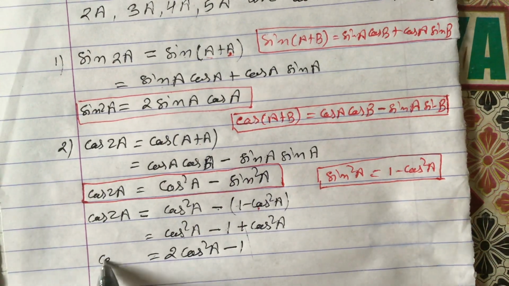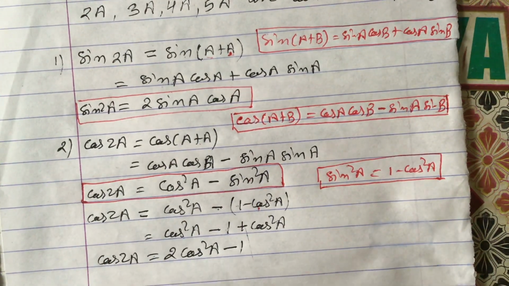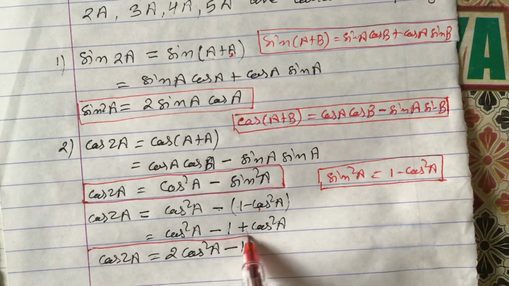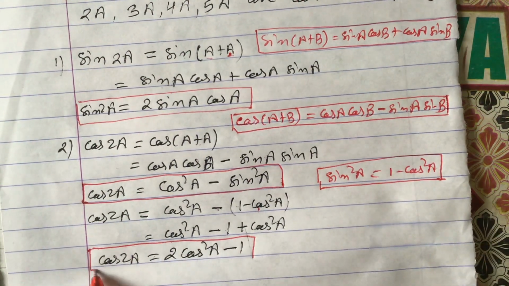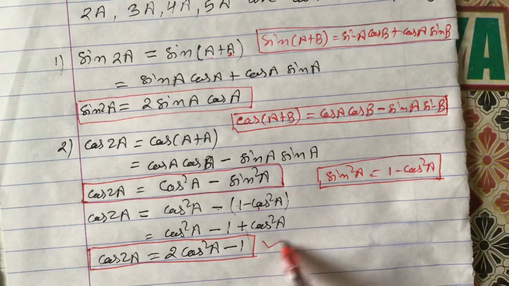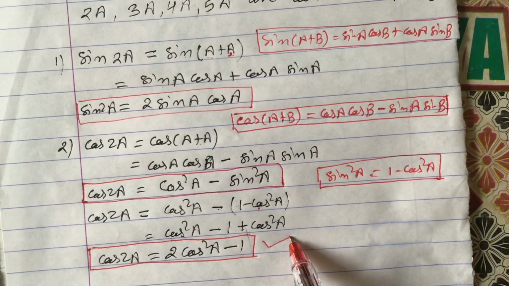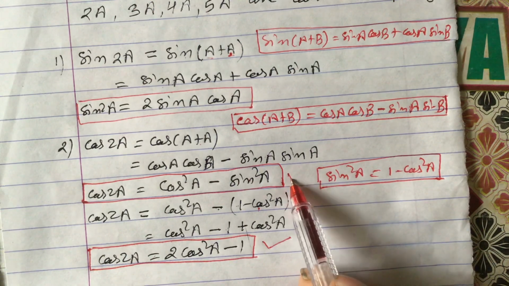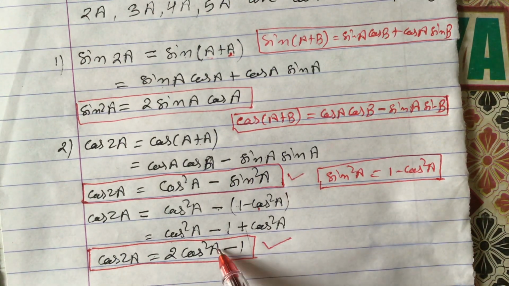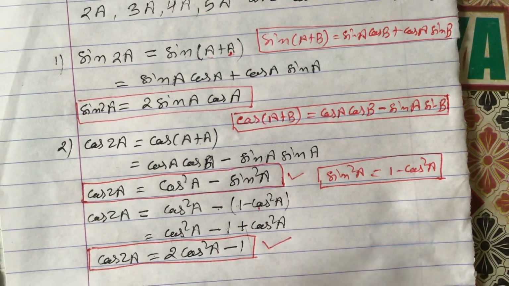This is the formula for cos 2A in terms of cos. If you have to apply the formula of cos 2A in terms of cos, then we will choose this one. If we need both sine and cos, then we will choose the earlier formula. If we need only cos, then we will choose this formula.